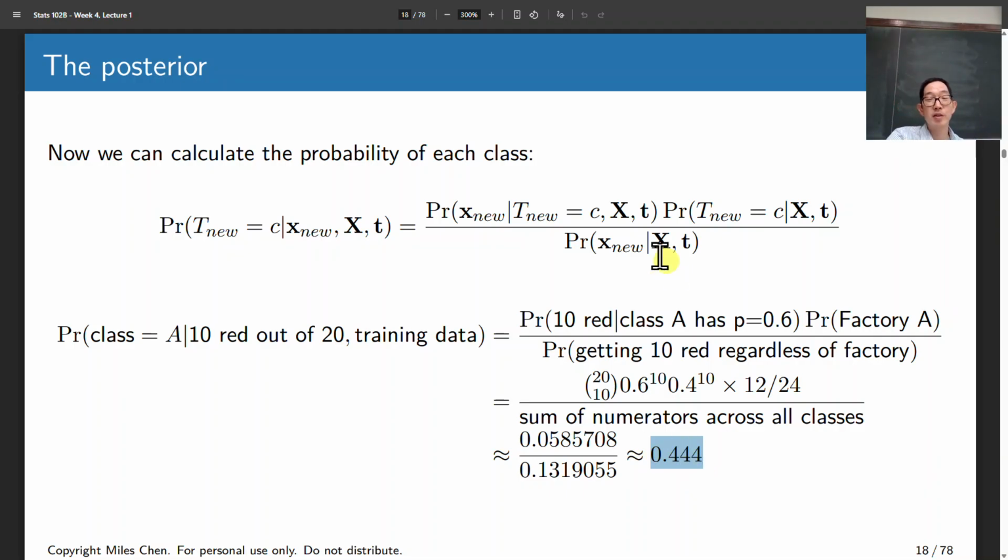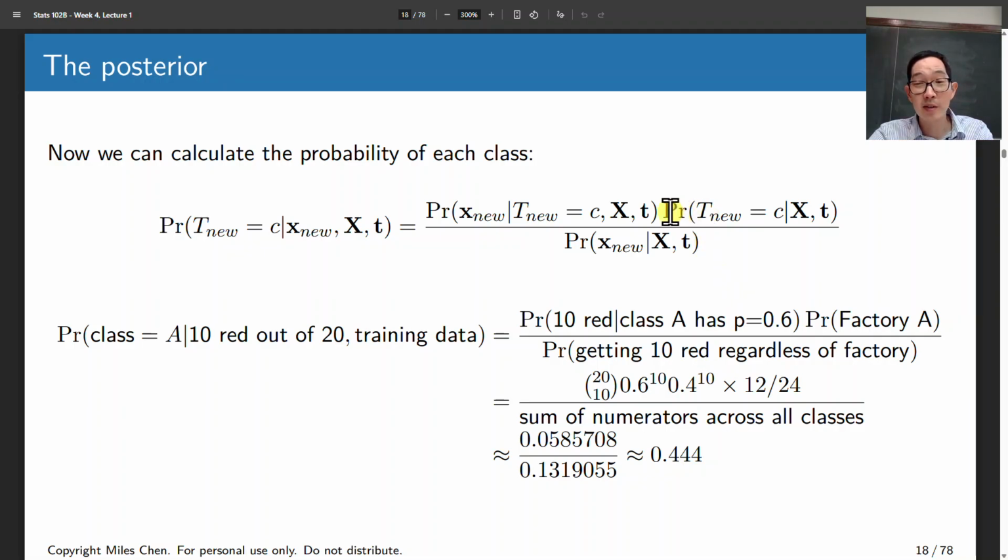To show everything all together: this is the likelihood, the likelihood of getting your data, 10 red marbles out of 20, given that it came from class A, which has a probability of 0.6. That is this binomial part right here.